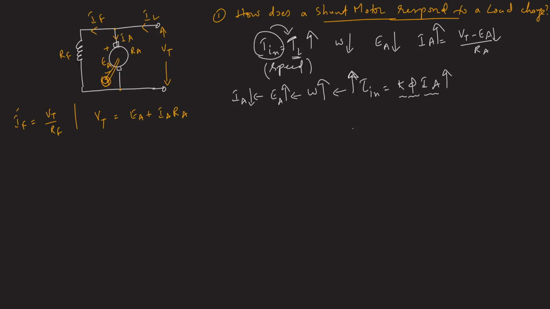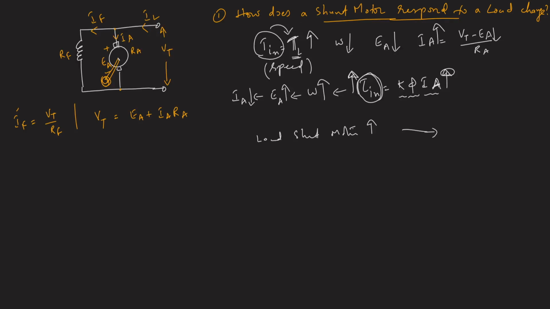Right, now this Ia is sufficiently increased to a value such that the torque is raised to equal TL. So when the load on the shunt motor increases, the machine speed should fall.